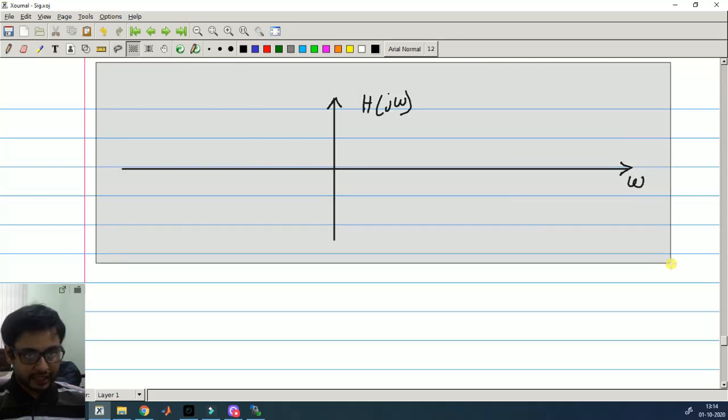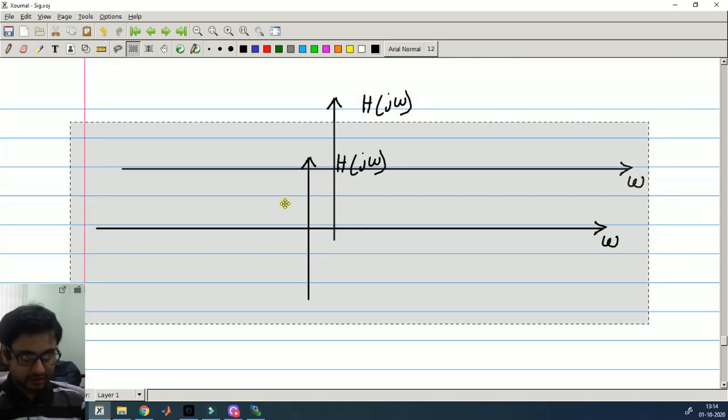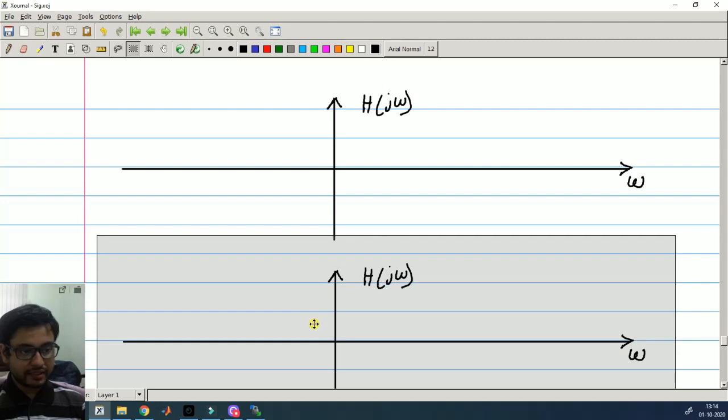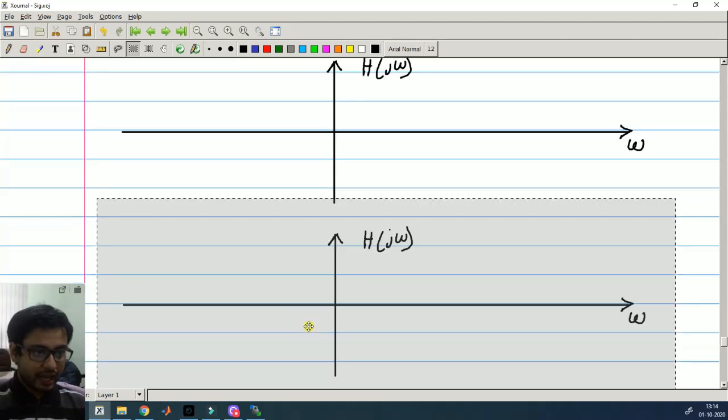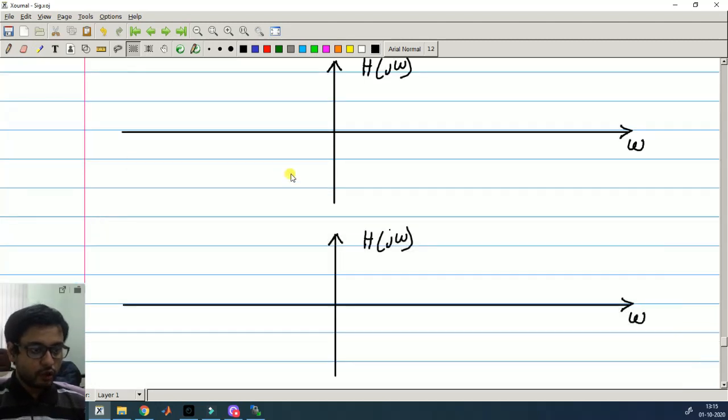So let me take two graphs like this, and in one graph I will plot the magnitude of H(j omega), that is the magnitude of the Fourier transform of impulse response, and in another graph I will plot the angle of H(j omega). Now this may look something like this.